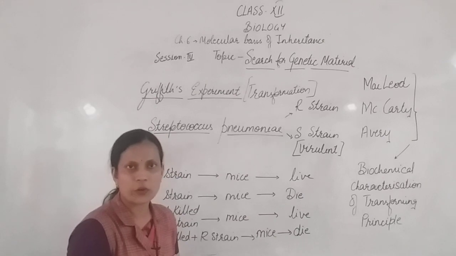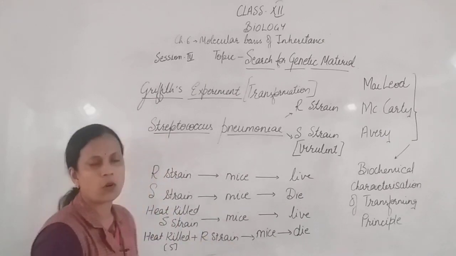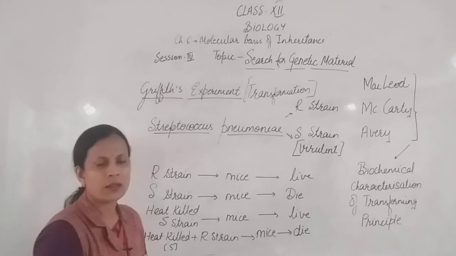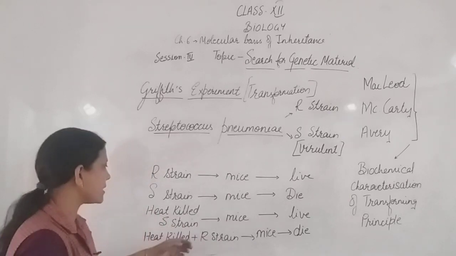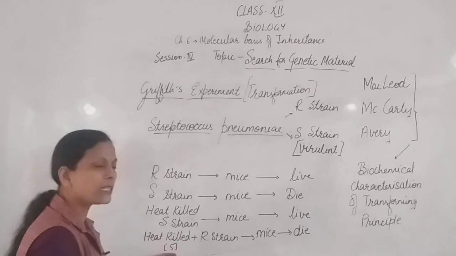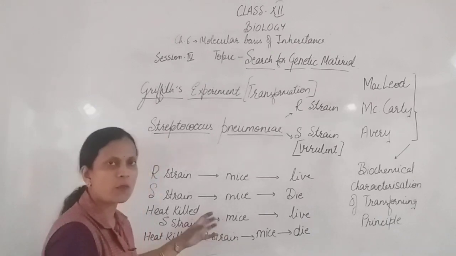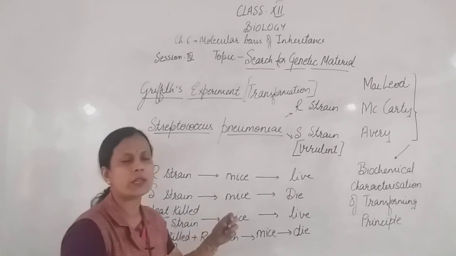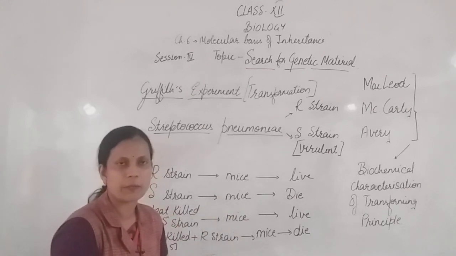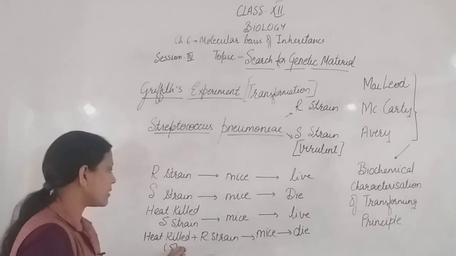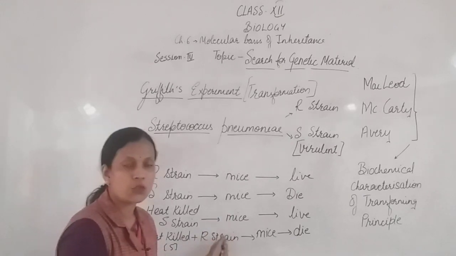So he concluded from these findings that there is a certain transforming principle, a transforming matter, that transferred from the heat killed S strain to the R strain. He could not find out the chemical nature of this transforming principle, but this much he was sure of, that something had been transferred from the S strain to the R strain.